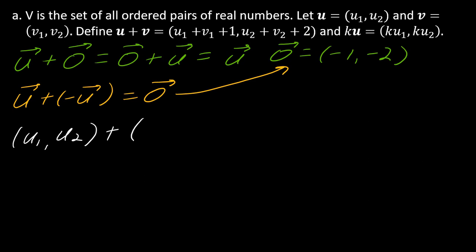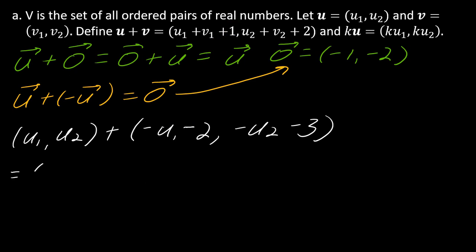So my negative u vector, believe it or not, is going to be -u1 minus 2, and -u2, sorry, it should be -2, and then -3. There we go. Okay, so now I need to add these two vectors according to this rule here. So I take u1 plus this plus 1.